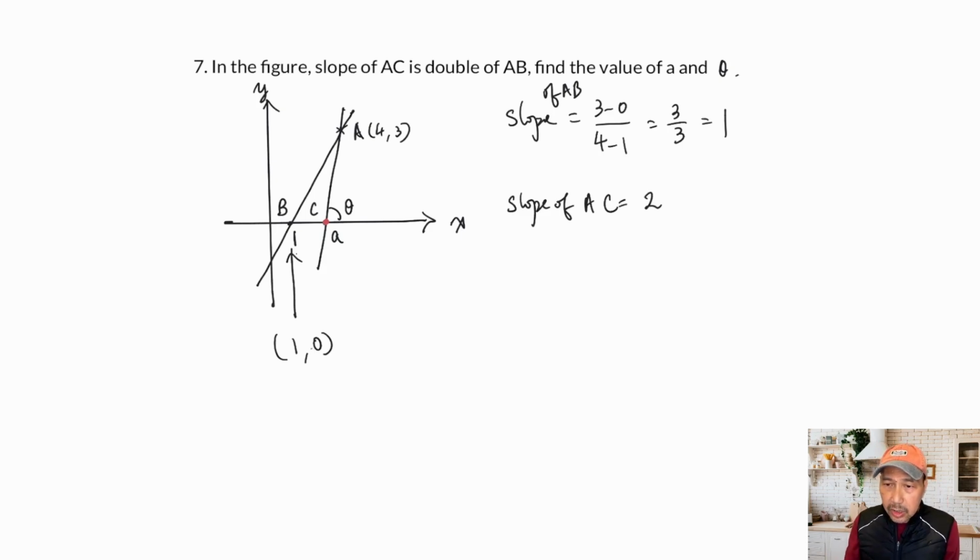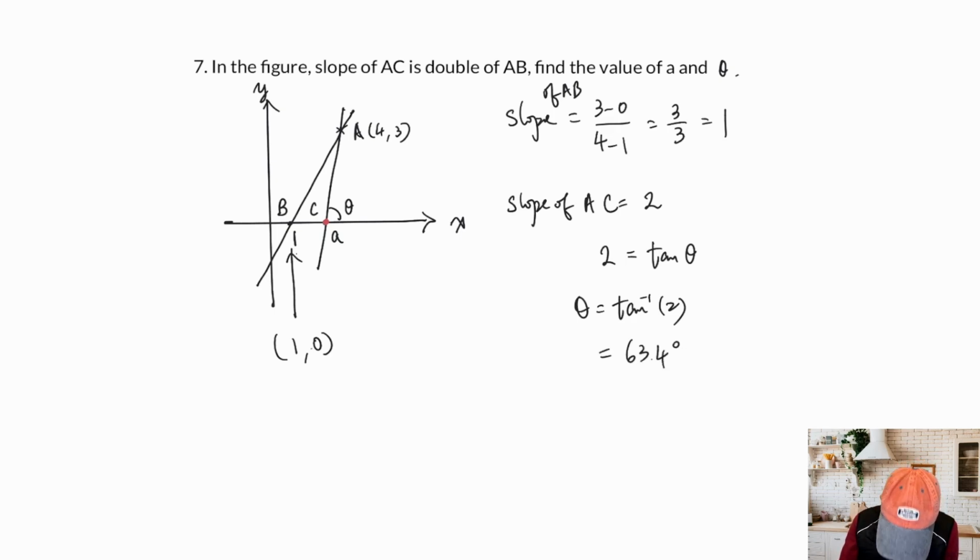If we know the slope of AC, we can use the formula 2 is equal to tangent theta. Then theta is equal to arctangent 2. And then the angle is 63.4 degrees.